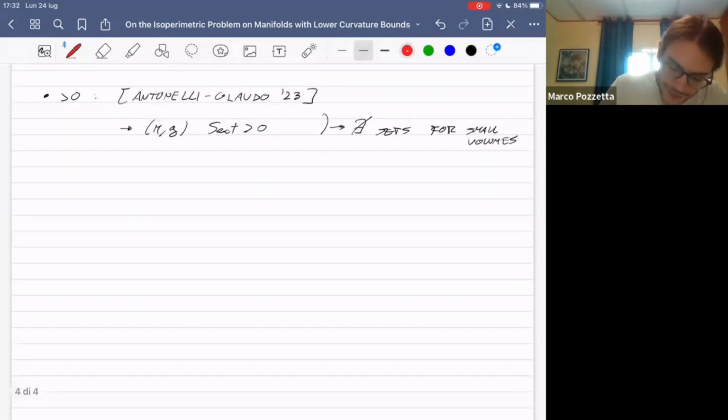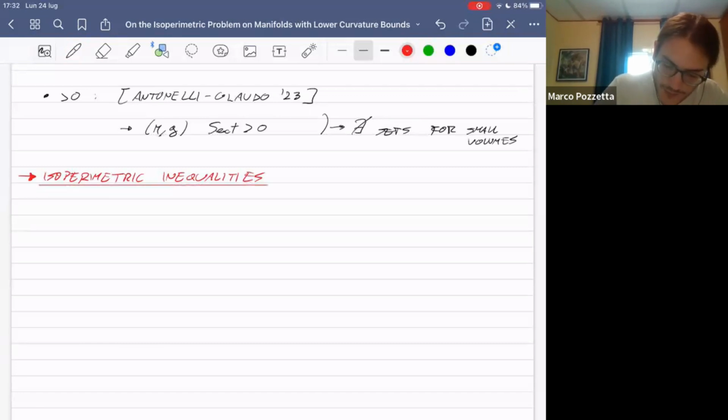So the last topic for today is isoperimetric inequalities. We will see at least 2 isoperimetric inequalities in the rest of the course, but now I want to discuss the simplest one, the most classical one, that is the isoperimetric inequality in Rn.